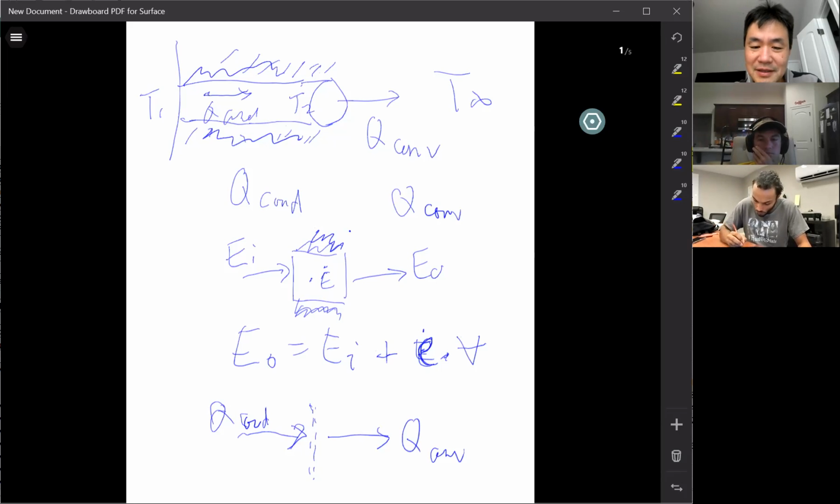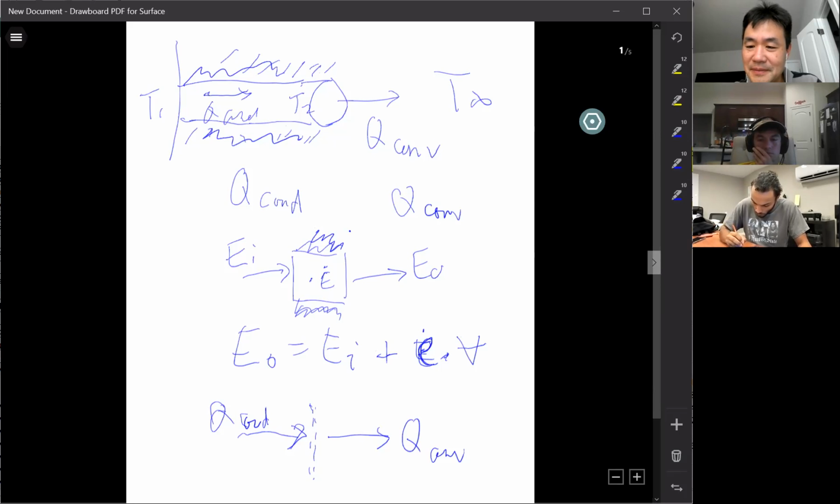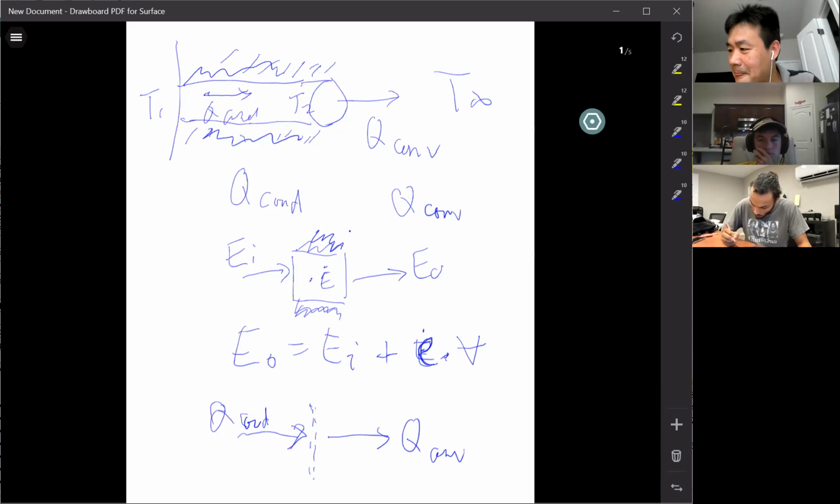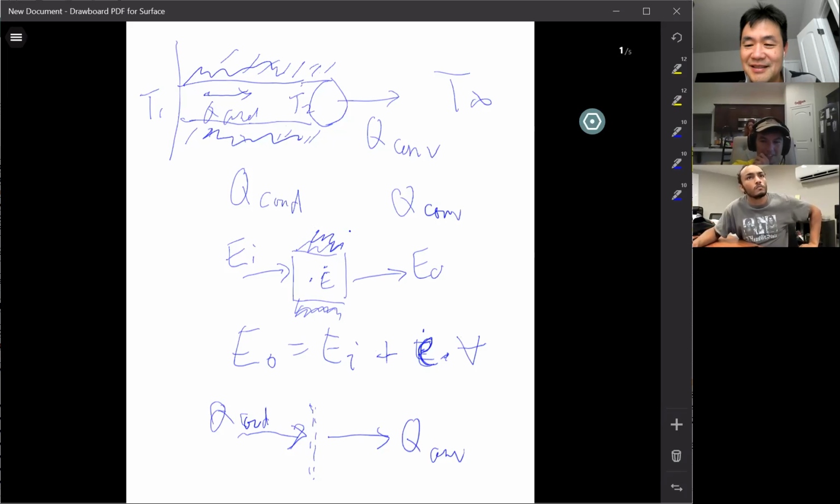If your target is the interface, what is the volume of the interface? What is the volume? Educated guess. Zero, because it's an area. It's zero. There's no volume.